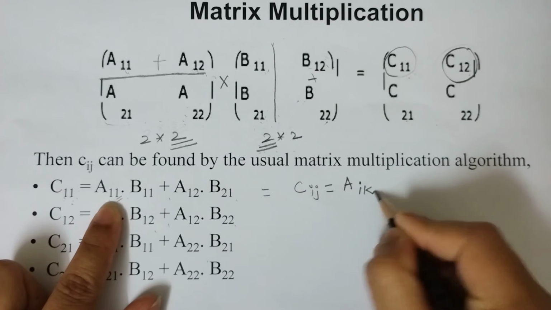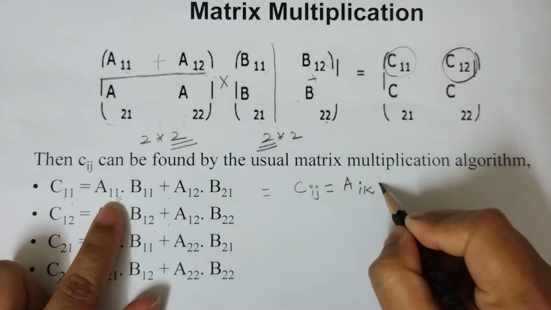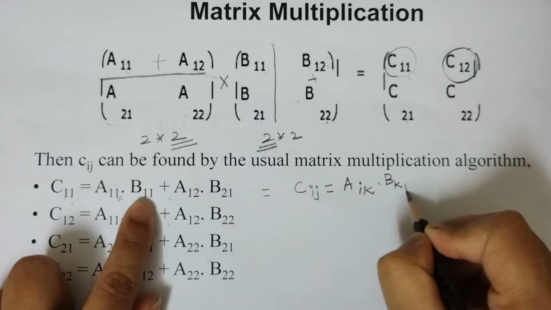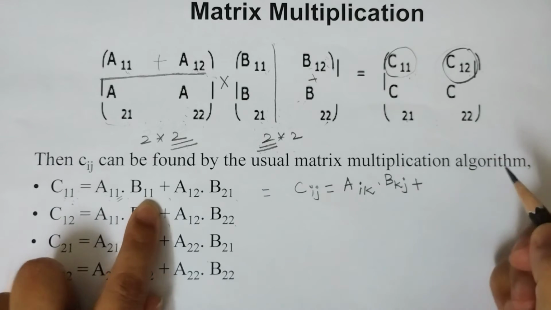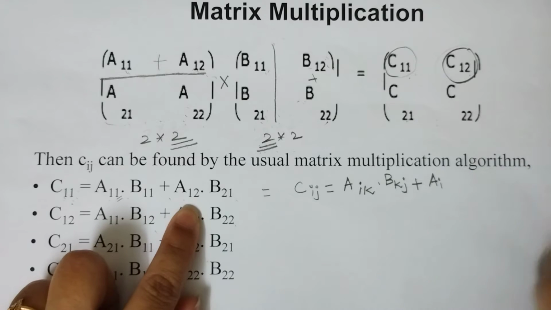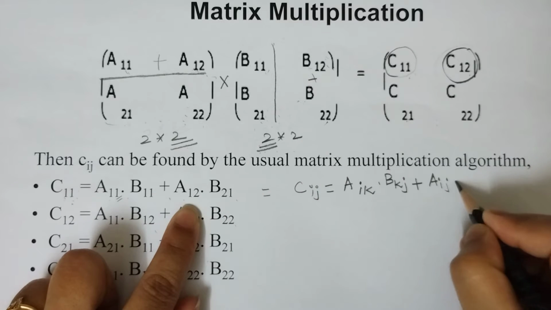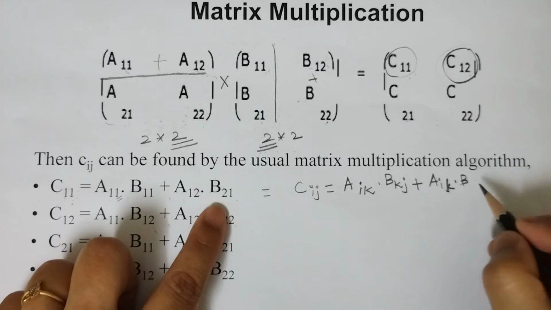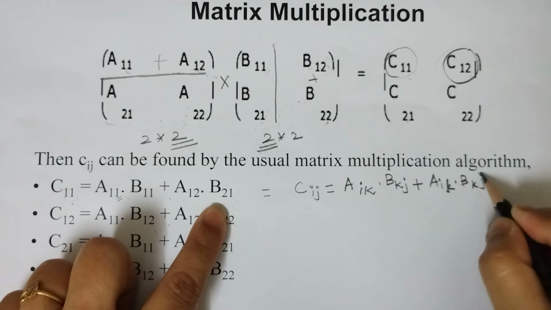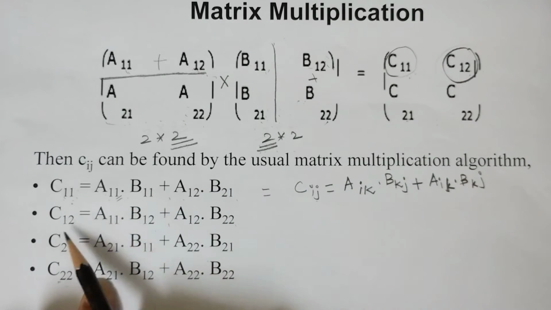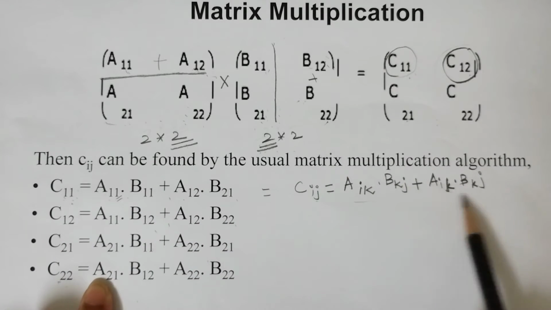Okay, you need to use an intermediate value here, k. And then B, k, j, plus, and here also the same, A, i, k, again B, k, j. Right, if you apply all these values here, then you will obtain this general formula.